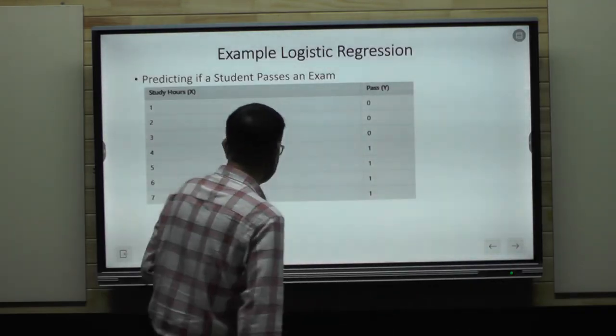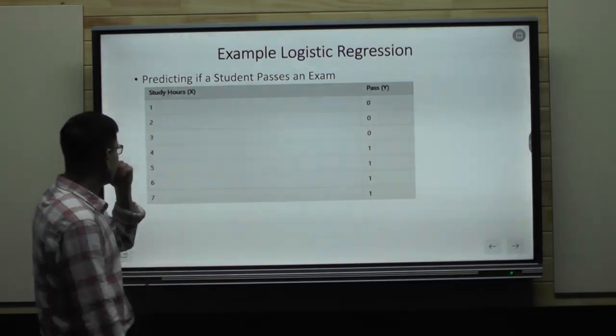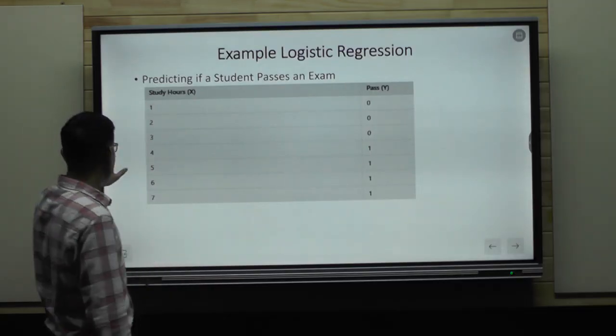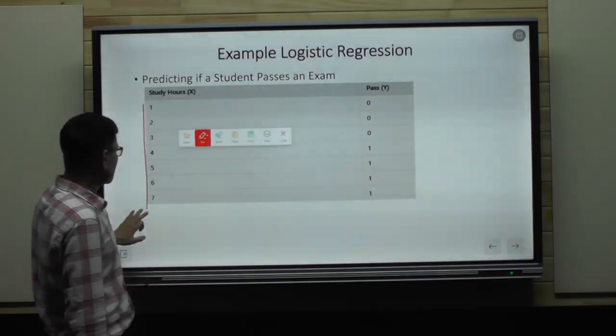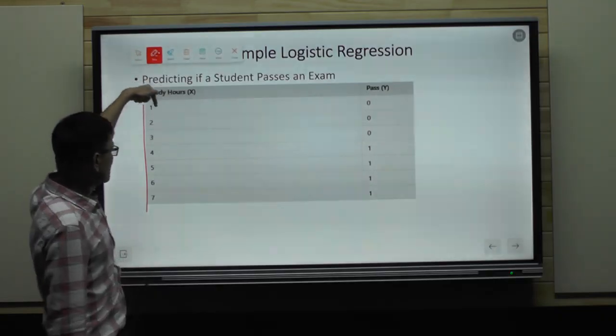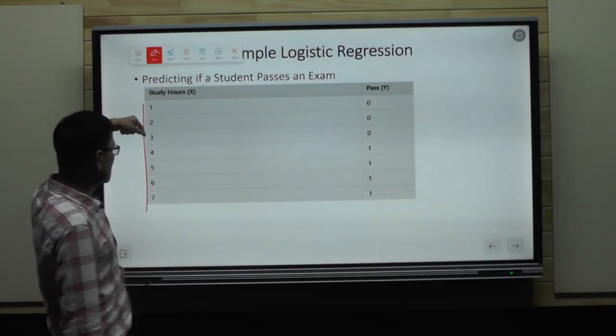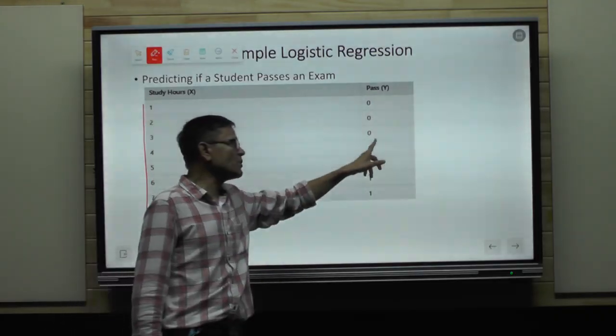So you see, we have taken a sample data set with the hours of study. The students are studying for 1 hour, 2 hours, 3 hours, 4 hours, 5, 6 and 7. And what is the outcome of their study?